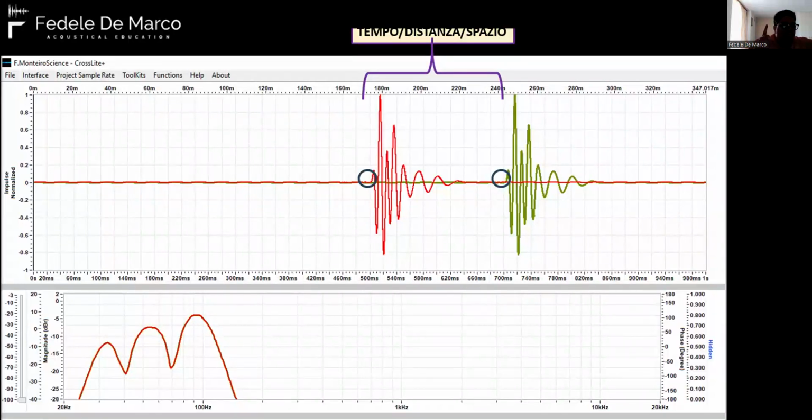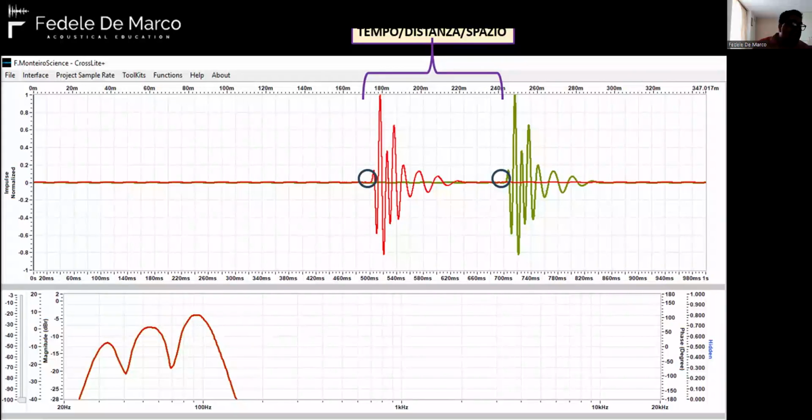This is due to the signal delay, or the time of flight. I have applied it to the green signal, okay? That is what I need to compensate for alignment of the systems in space.